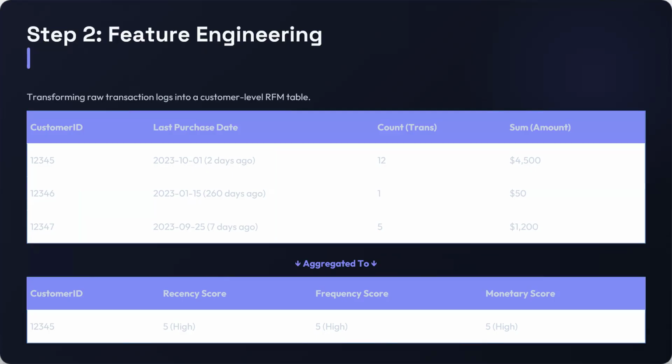For example, 7 days ago, 260 days ago. The topmost customer here, the first customer, 2 days ago he reached out. So this customer ID 12345, 2 days ago, he has the top score of five, and he has the highest number of transactions, and he has the highest amount also. That's why he is high.